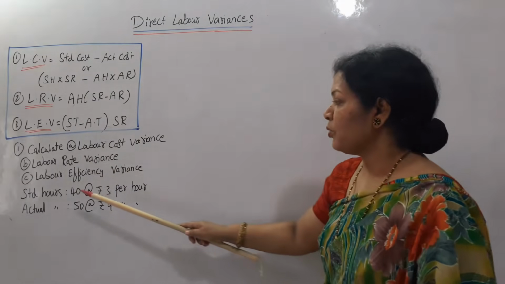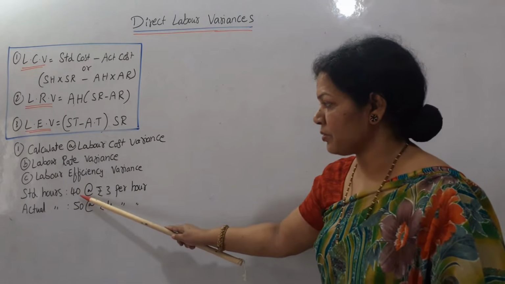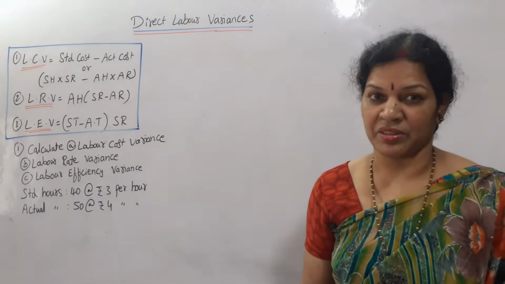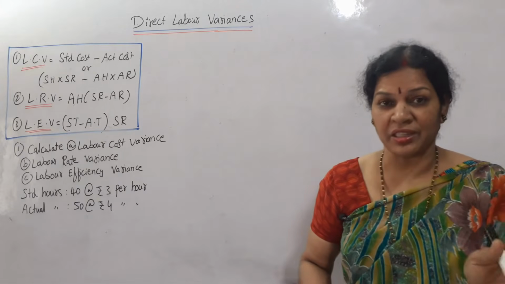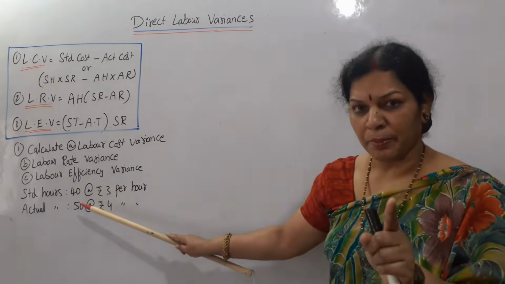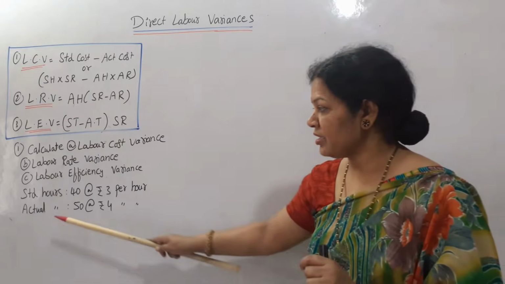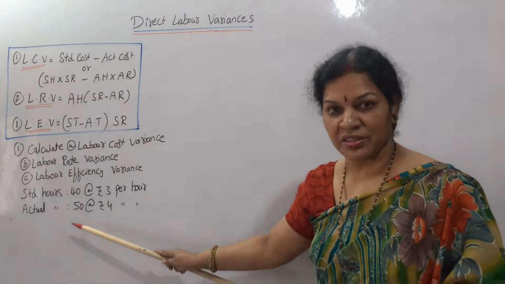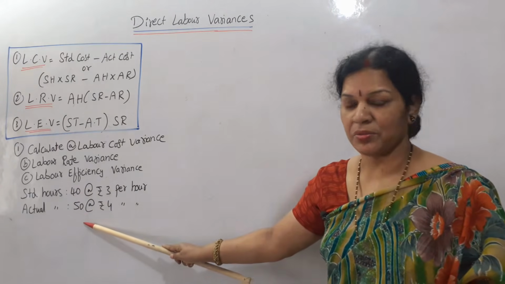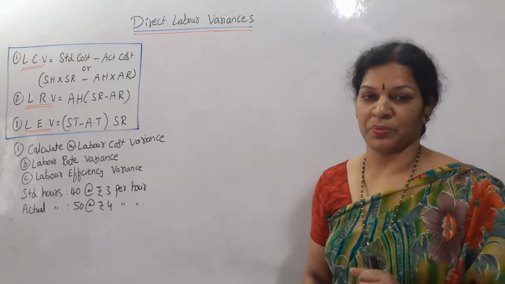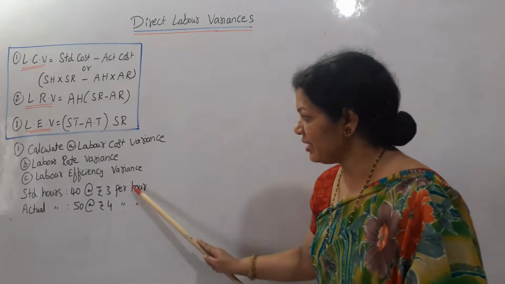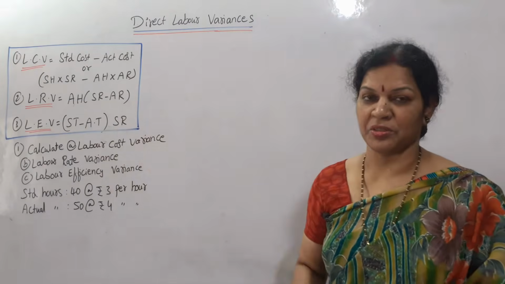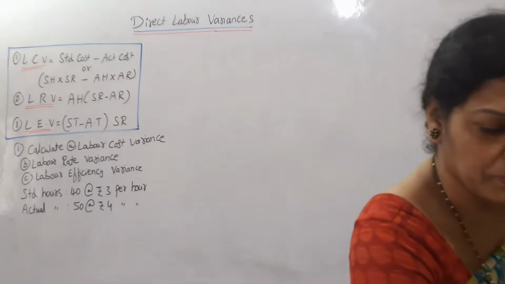What is given? Standard hours are 40 at the rate of 3 rupees per hour. Actual hours are 50, each hour at 4 rupees. With this information, we can calculate the variances as per the formulas.